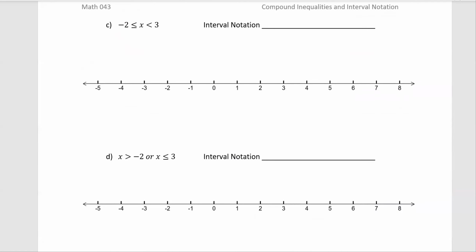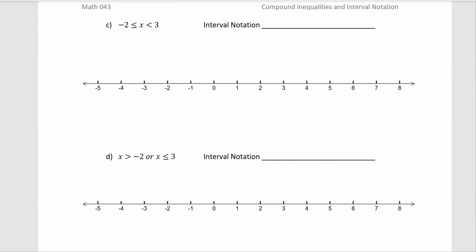Letter C says -2 is less than or equal to x, and x is less than 3. In this case, x is between -2 and 3.